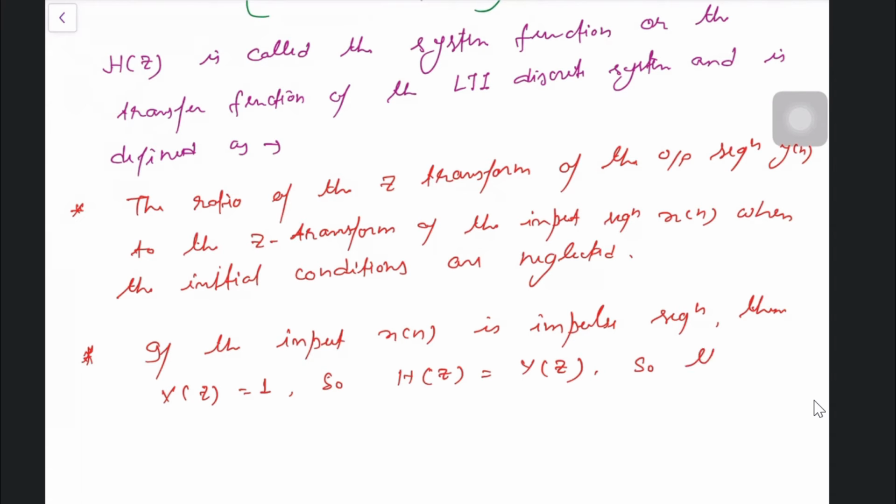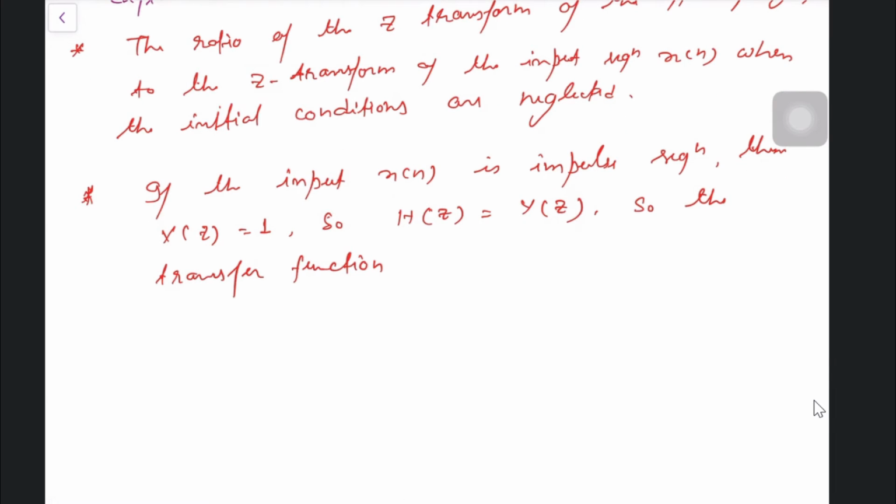So the transfer function is also defined as the Z transform of the impulse response of the system.